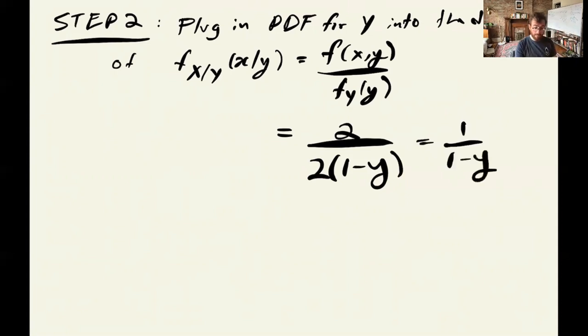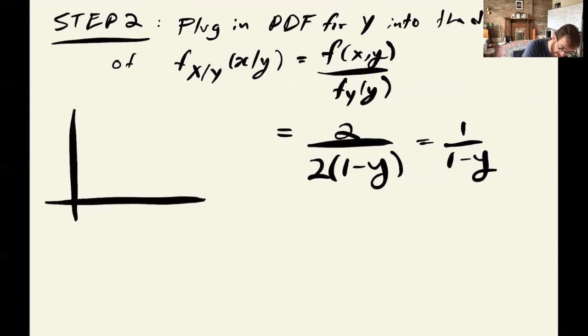All right, and so notice that this actually isn't a function of x. In particular, this is just going to be a uniform distribution on the segment from x equals 0 to x equals 1 minus y. Let me just go ahead and draw the picture for you again. So you have this. We've conditioned on big Y equals little y here.